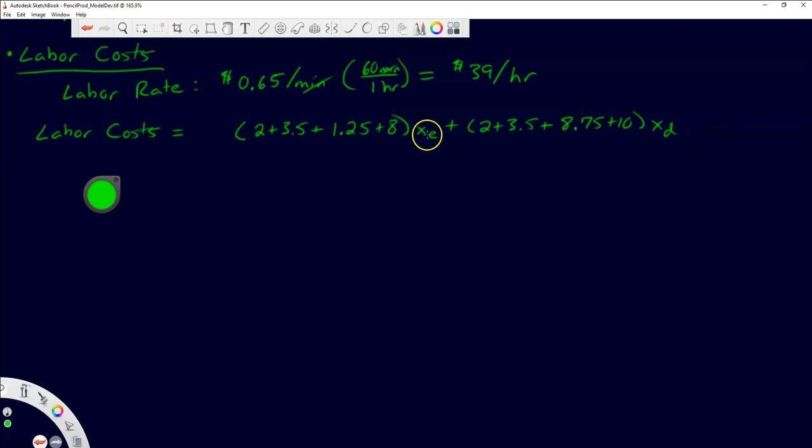If I make XE and XD number of products, this is all in seconds at this point.